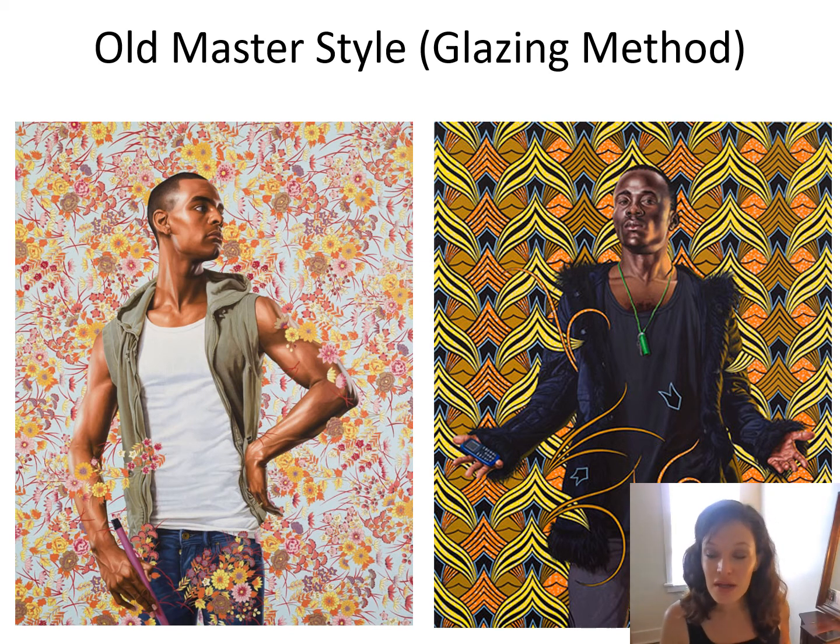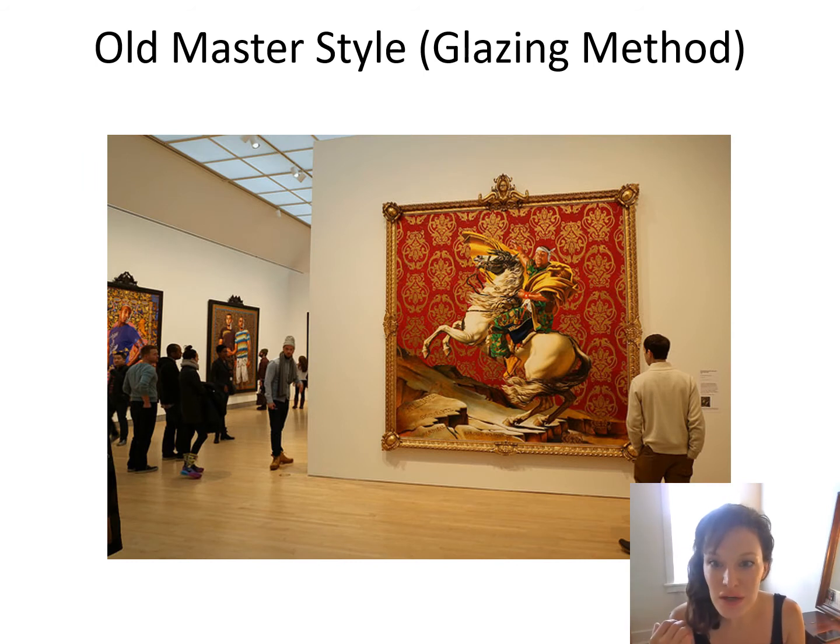And so here is another example of Kehinde Wiley's artwork in which you can see the scale. His pieces are huge. This particular painting is based on the painting of Napoleon crossing the Alps.